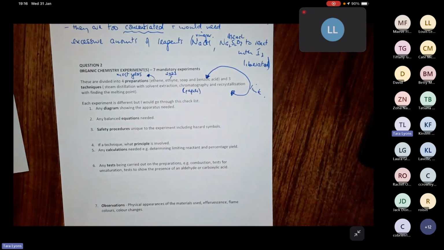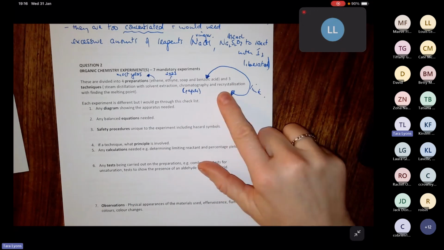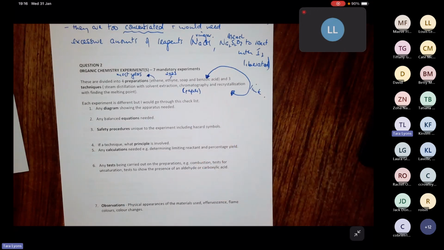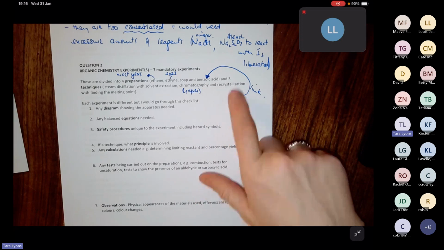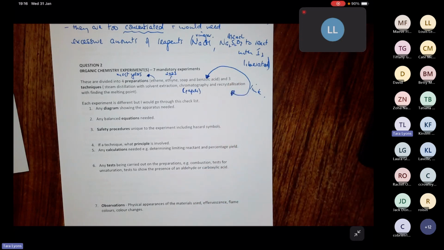When they've asked benzoic acid in the past, they've dragged in the topic of recrystallization in terms of, if you tested your benzoic acid for purity, how would you go about doing it, etc. Or how would you purify the benzoic acid that you prepared in this experiment? Well, you do so by the technique called recrystallization. So there is a link between those.